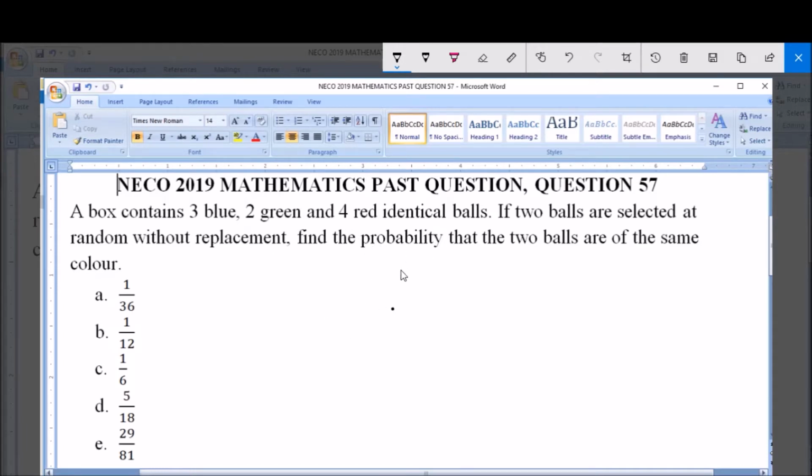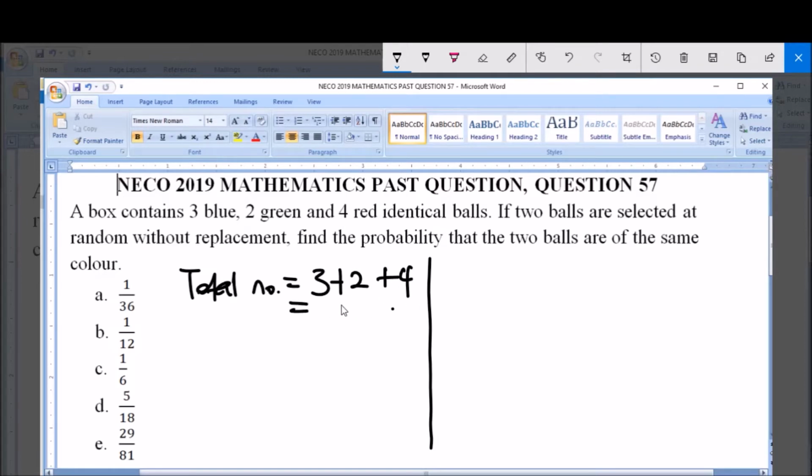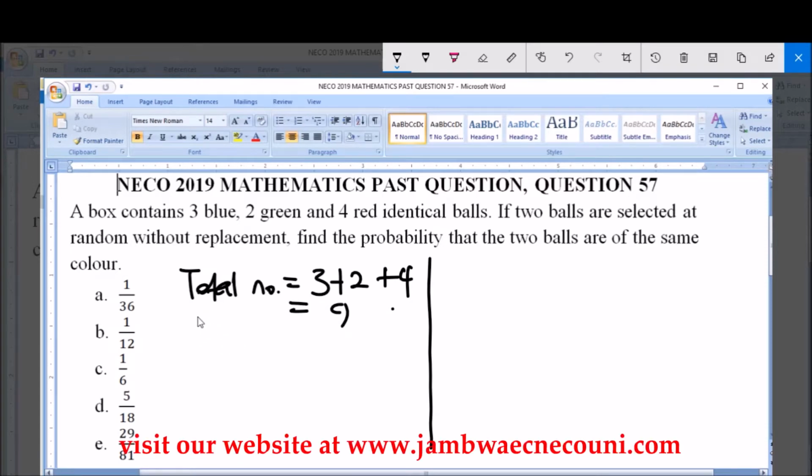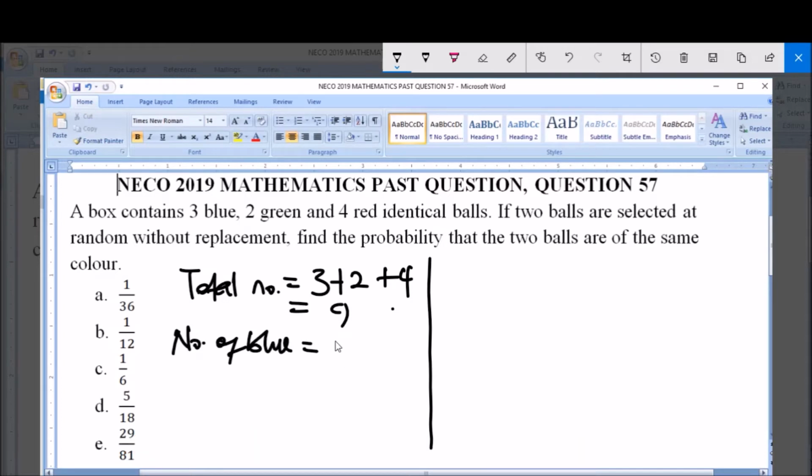Now the total number of balls given is equal to 3 blue plus 2 green plus 4 red, which is equal to 9. 9 balls are given. Now the number of blue balls is equal to 3.